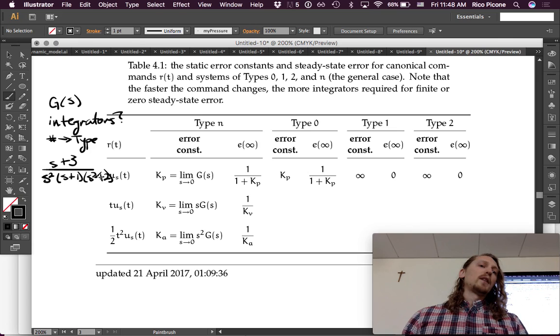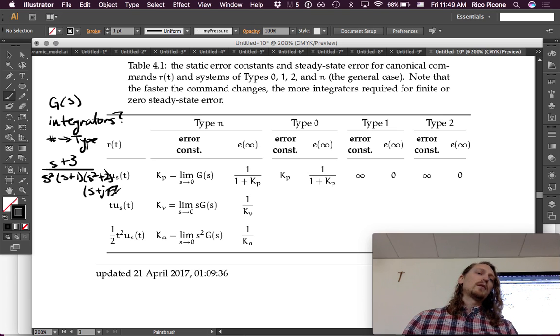These ones aren't either, because even if you factored this out, it would be s plus j root 2, s minus j root 2. Am I right about that?